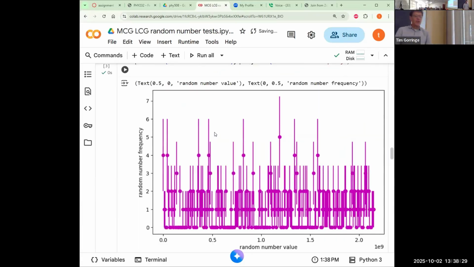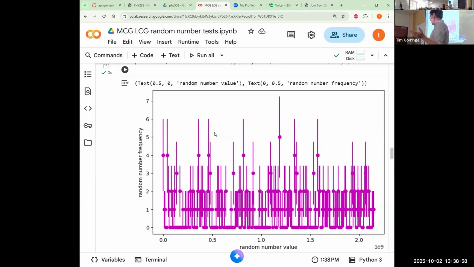Here's my distribution of random numbers as a histogram. Across here, I think I got a couple of hundred bins or something like that. I'm looking at the contents of those bins. Now, supposing I had a couple of hundred bins, I've got more than 2 billion possible numbers.